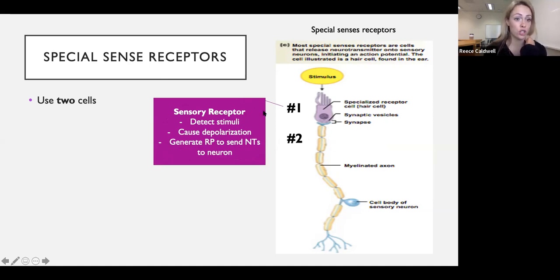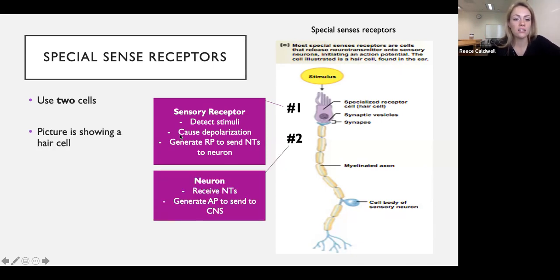This stimulus, if strong enough, will cause the depolarization of the cell, which, remember, means the cell's voltage is becoming more positive. When we depolarize the cell, we will send a receptor potential down the axon that will release neurotransmitters from the axon terminal to our sensory neuron.